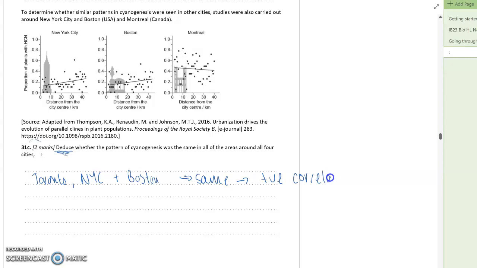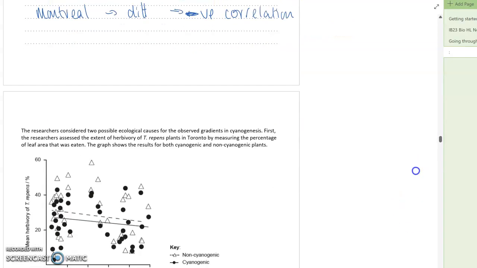Okay, so that would be 1 point. And then you could say that Montreal showed a different pattern, which is a negative correlation. Okay, so that will give you your 2 marks, because you've identified the areas where it's the same, and you've identified the areas where it's different.